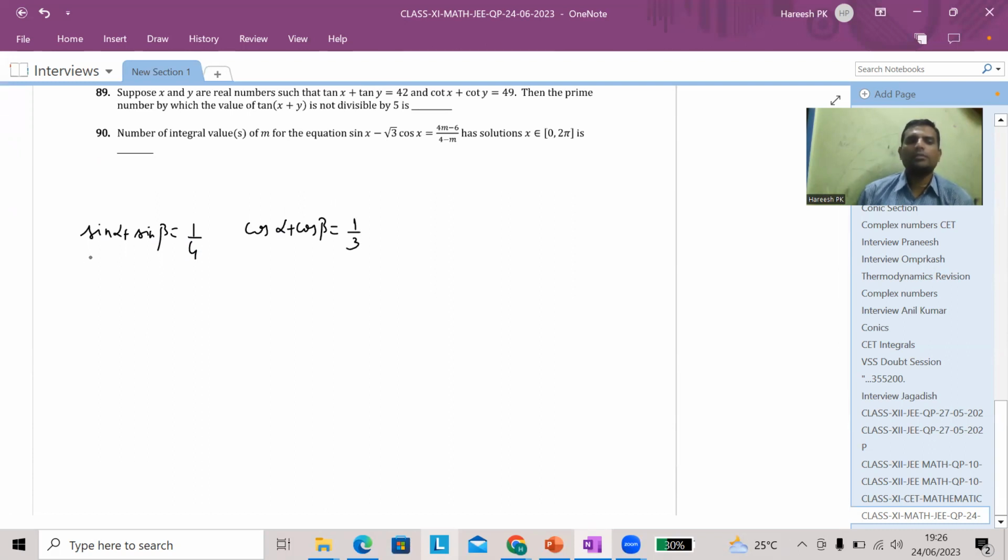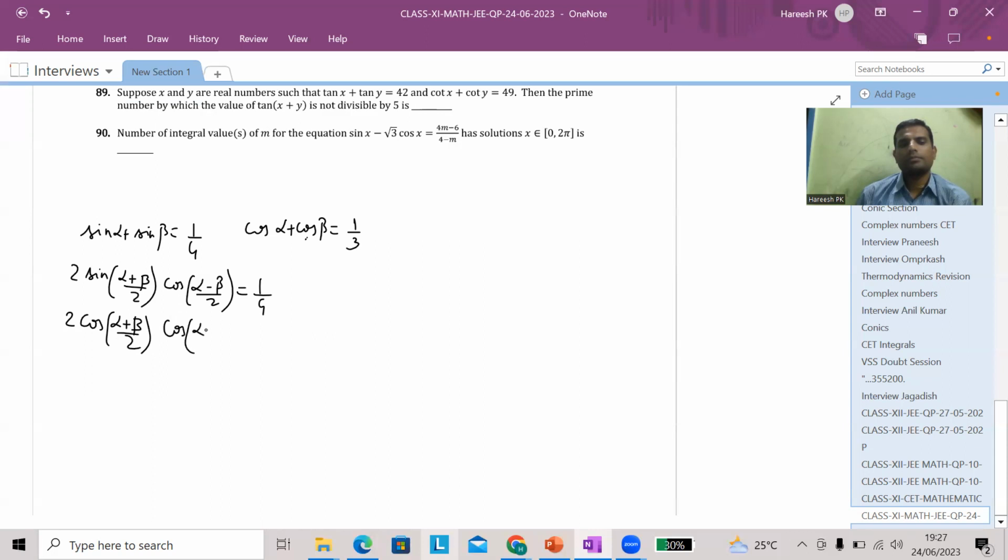So use the transformation formula. This will be 2 sine alpha plus beta by 2 into cos alpha minus beta by 2, and this is 1 by 4. And using the transformation formula, 2 cos alpha plus beta by 2 into cos alpha minus beta by 2 is 1 by 3. Now divide the two. Why divide?